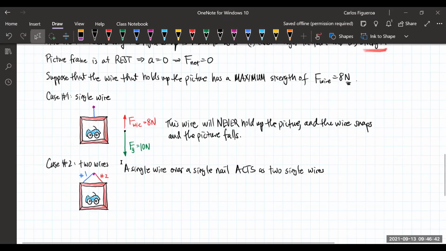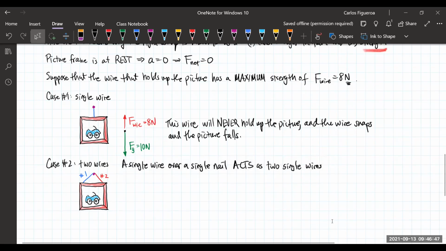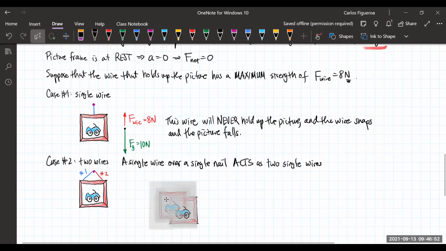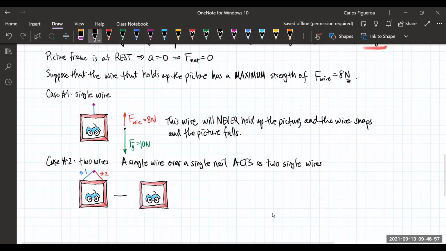So what you're going to find in this case here, so I'm going to move this up just a little bit higher, is that this is what happens here. So if I come in and I put my picture frame here again, what that means here is that this is what happens here. What I see here is that the number 1 wire acts separately from the red wire now, because now it's not 1 wire like up above acting on this, right?